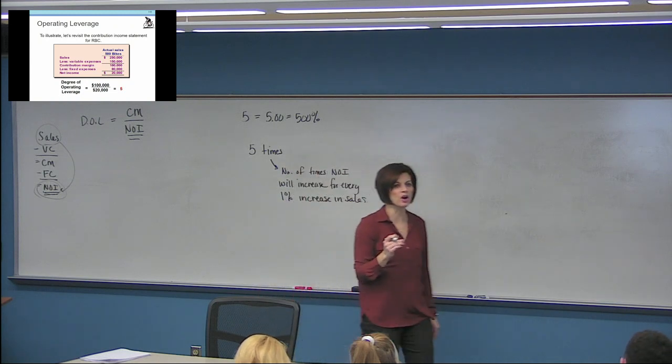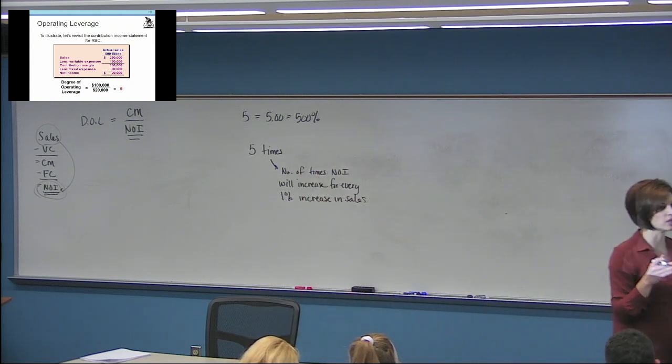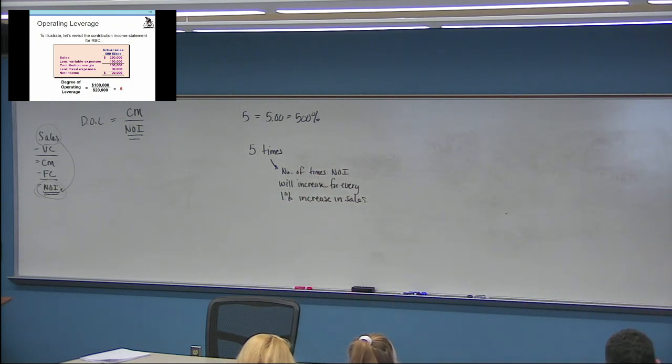So the formula is not hard. It's the interpretation that we want to make sure you understand, what 5 times means. So if sales increase 1 percentage point, net operating income is going to go up 5 times, or 5%. Okay? That's all it means. If sales go up 1%, net operating income is going to go up 5%.